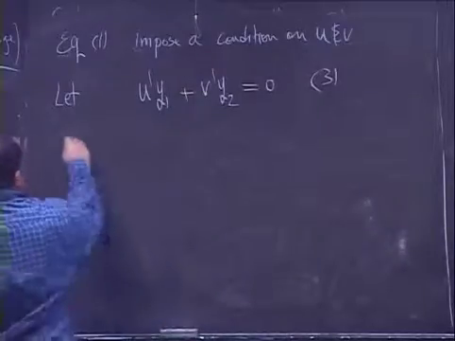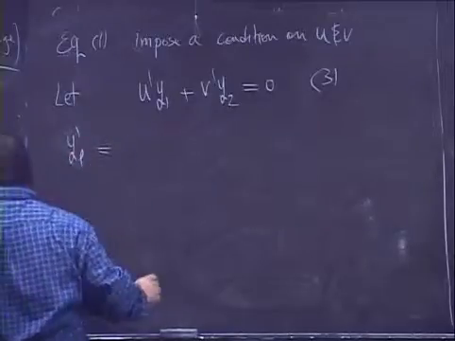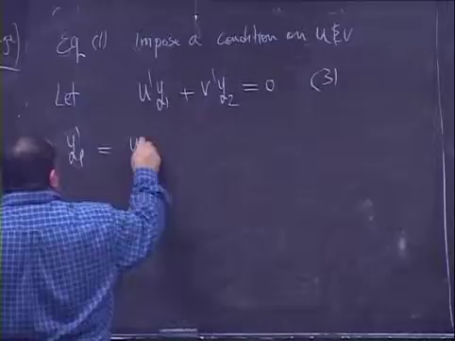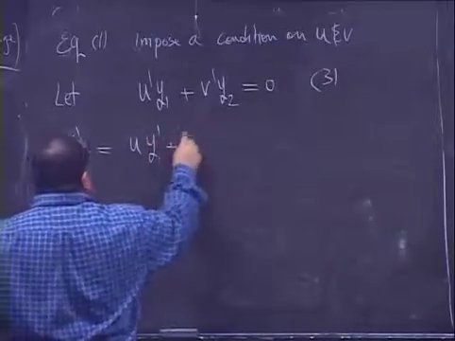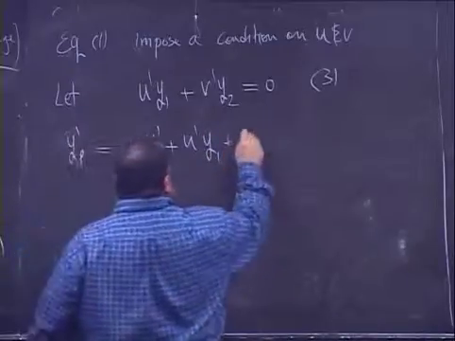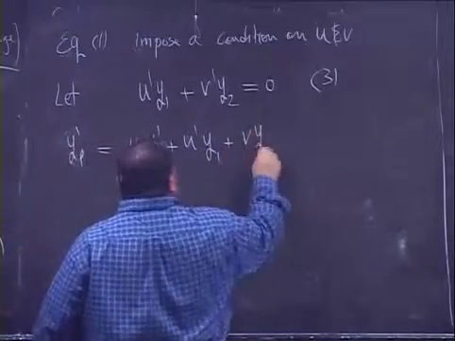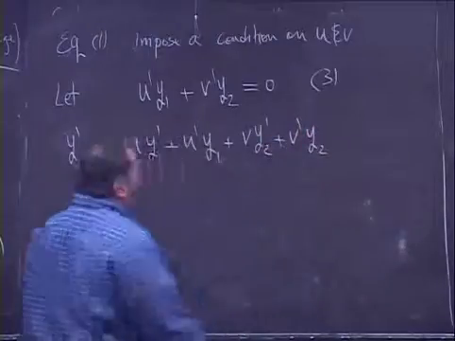So if you differentiate y particular once, this will give you u multiplied by y1 prime plus u prime y1 plus v y2 prime plus v prime y2.